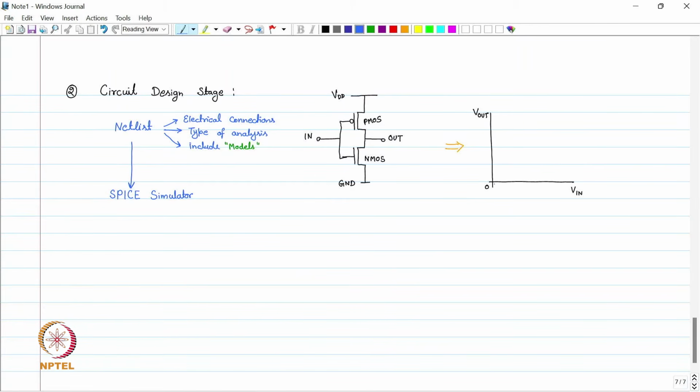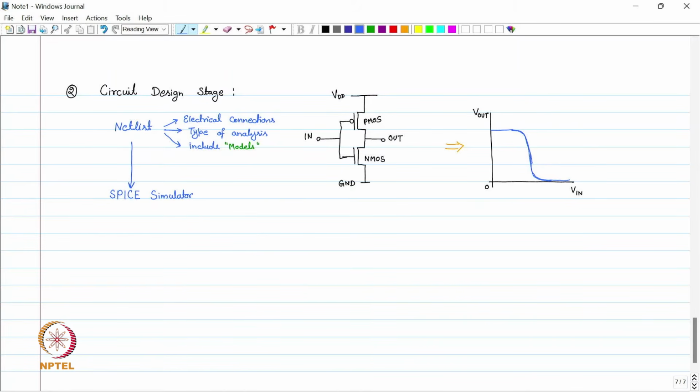So initially for a low value of V input, the output will be high, and as we keep on increasing, the output is going to decrease, and at some point this will become 0. So this is the typical characteristic of an inverter: output high for input low and output low for input high.